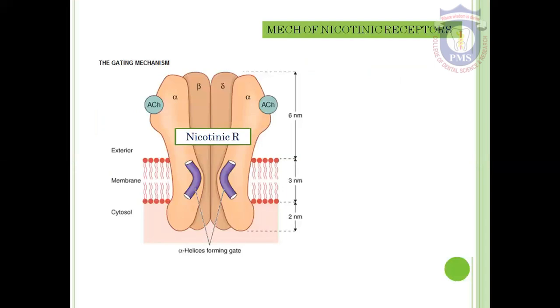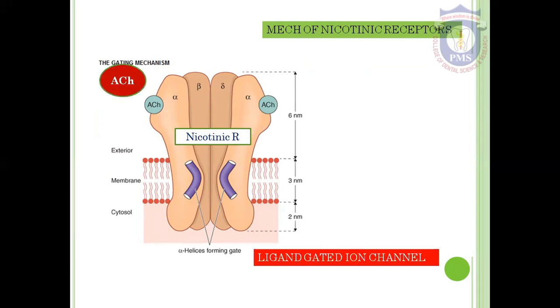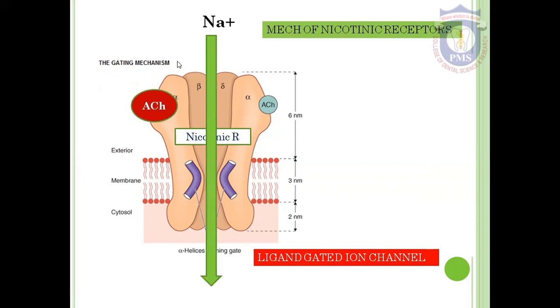Then about the nicotinic receptors, these are ligand-gated ion channels. That means when a ligand binds to the receptor, the channel gets activated and results in influx of ions. Here the ligand is acetylcholine. When acetylcholine binds to the receptors, it causes activation of the ion channel.